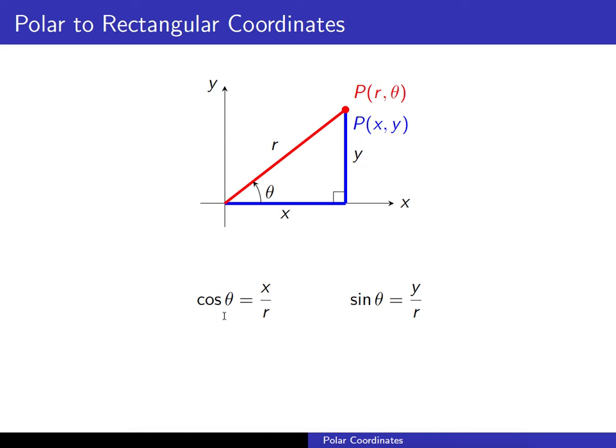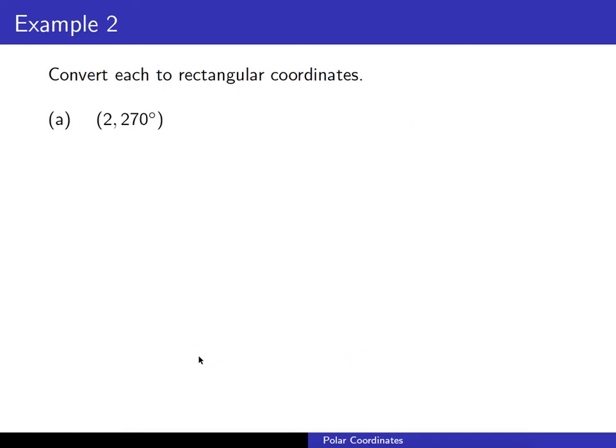If we multiply both sides by r in each equation, we get the x coordinate is r cosine theta, and the y coordinate is r sine theta. That's how you go from the polar form to the rectangular, or x and y, form.